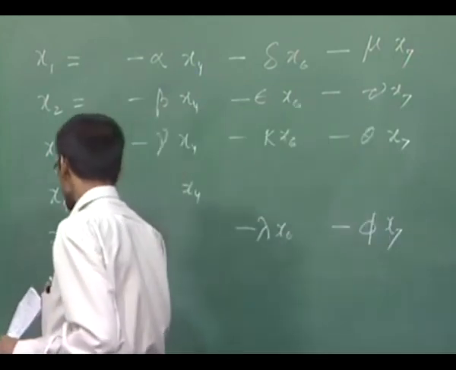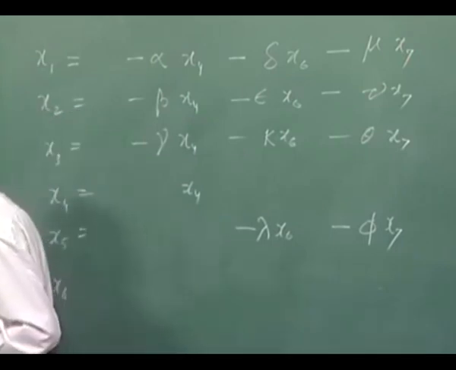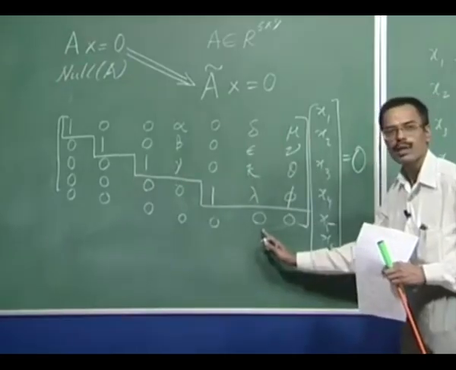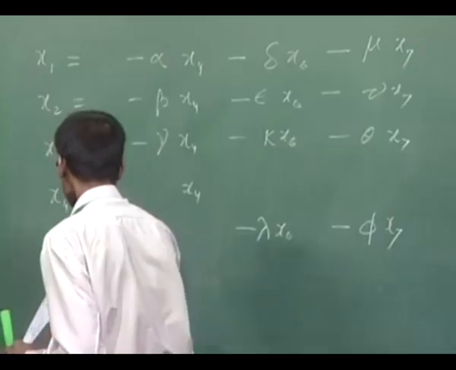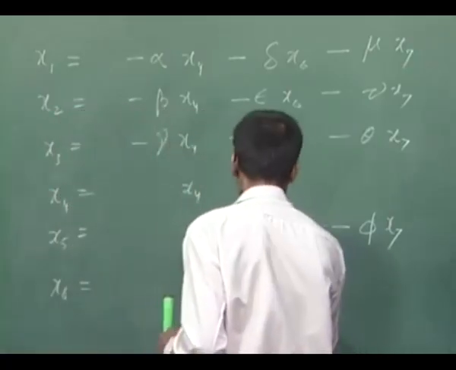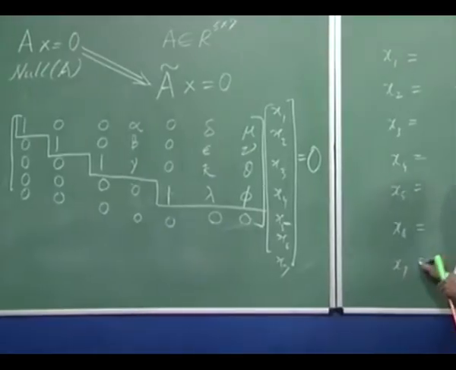Then x6 we do not have to write like that because for the sixth column the leading one is missing. This column does not have a leading one. So, x6 we write as x6 only, x7 we write as x7 only.